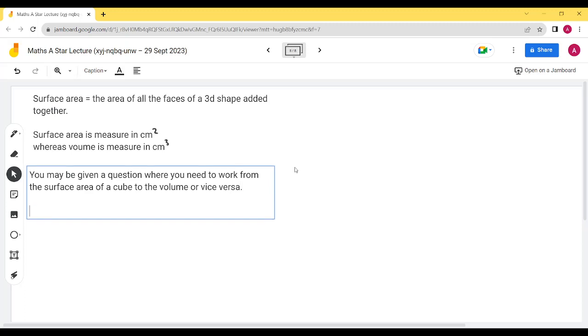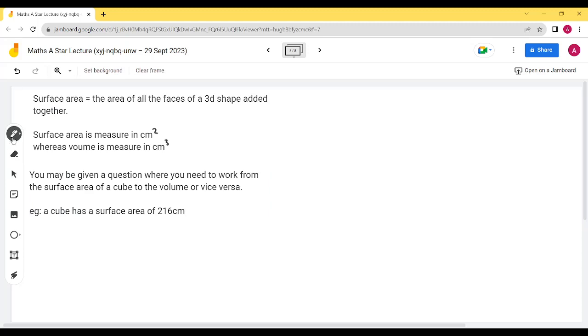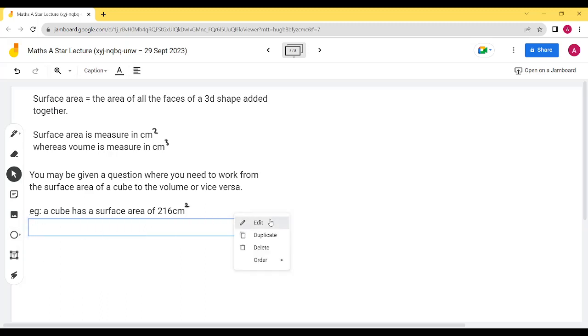So for example, a cube has a surface area of, let's say, 216 cm squared, and we need to find the volume.